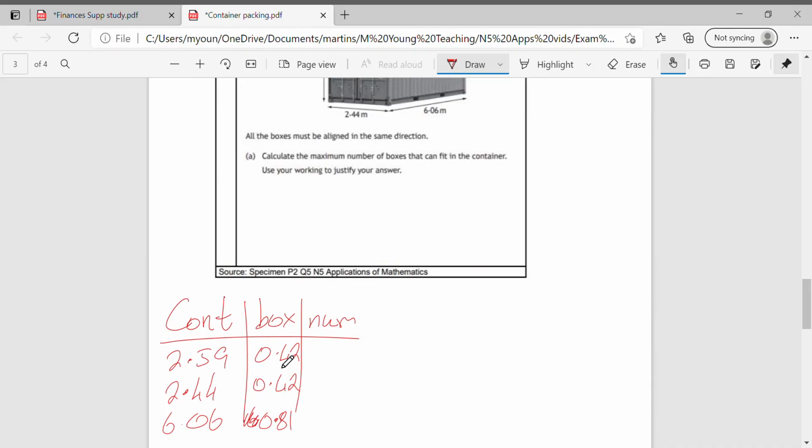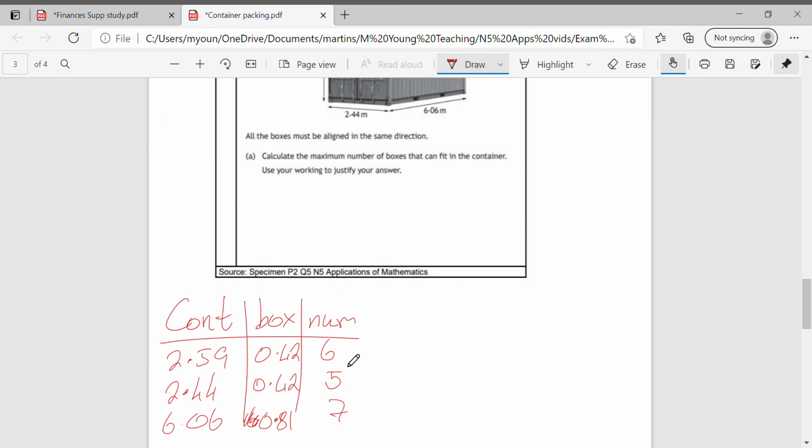The first one is giving me, on my calculator, 6.166, but that's just going to be 6. I get 5.8 for this one, but it's going to be 5. And I get 7.48 for this one, but that's just going to be 7.